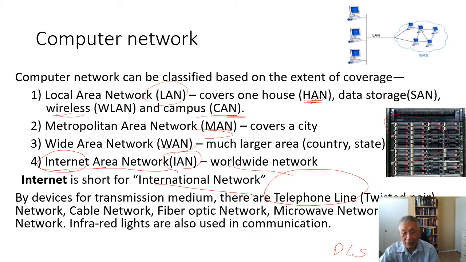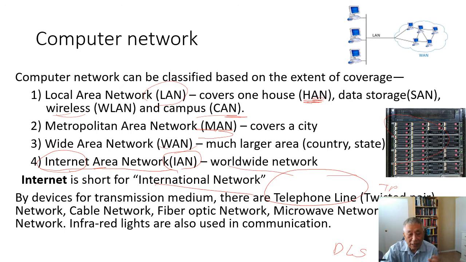This kind of connection actually uses the telephone line. When you look at the telephone line, there are two pairs, usually red and blue, or white and blue, different colors, but it's pairs twisted around. So twisted pair lines, TP, the connection.